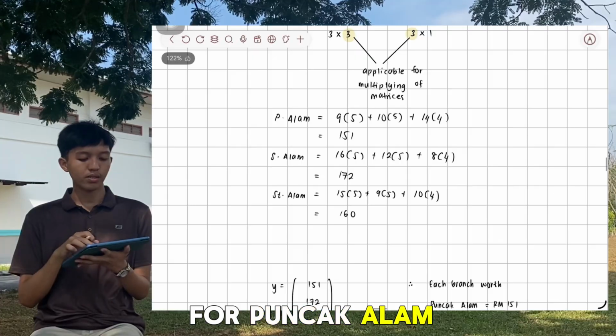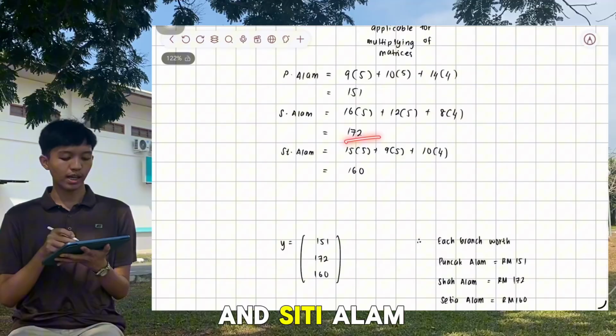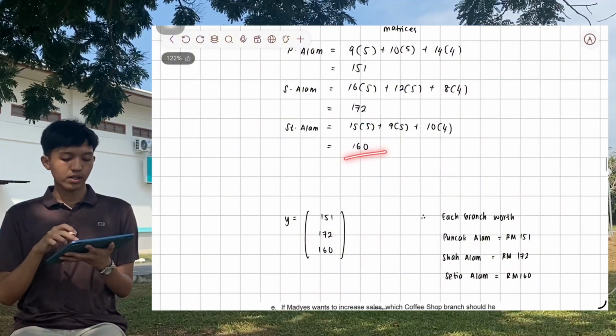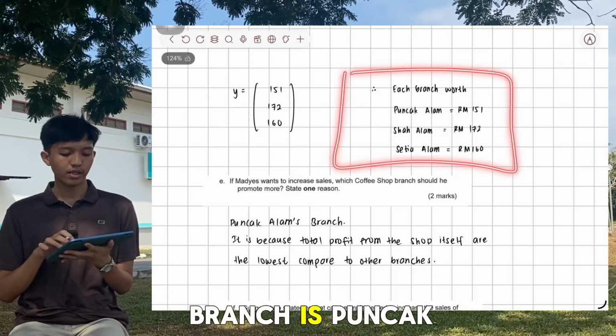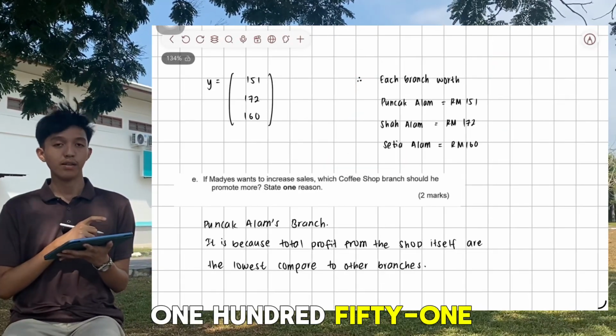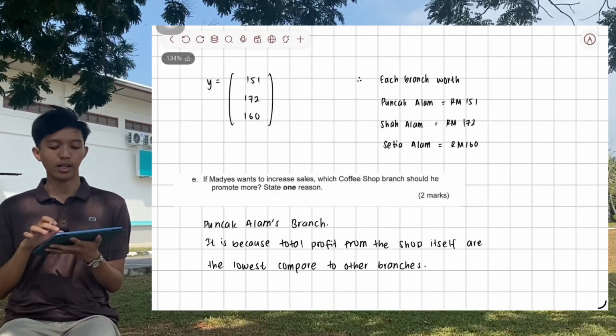For Puncak Alam it is 151, Shah Alam is 172, and Setia Alam is 160. So the total profit for each branch is Puncak Alam 151 ringgit, Shah Alam 172 ringgit, and Setia Alam 160 ringgit.